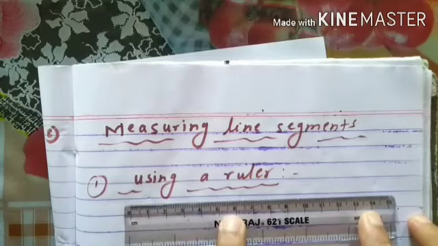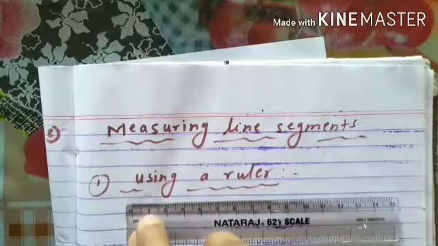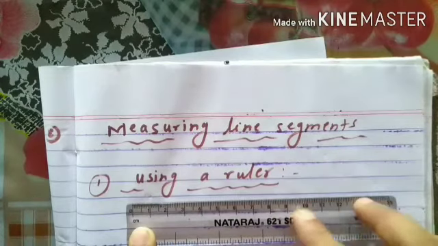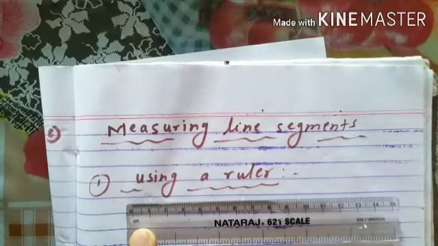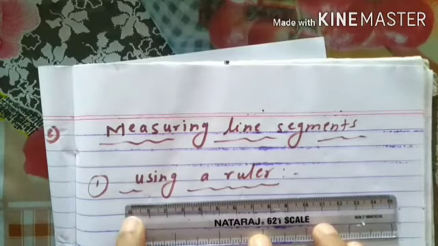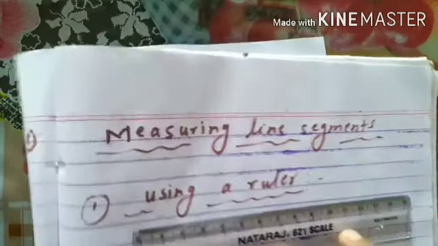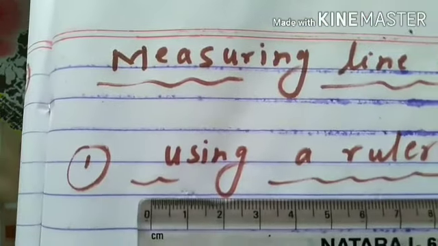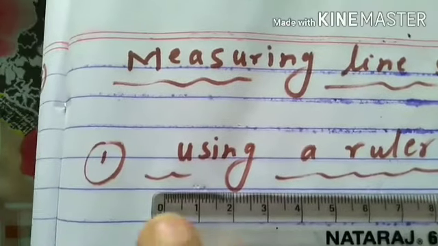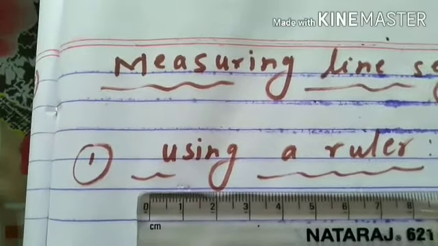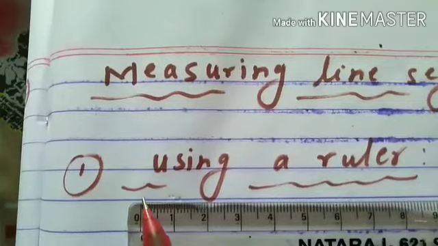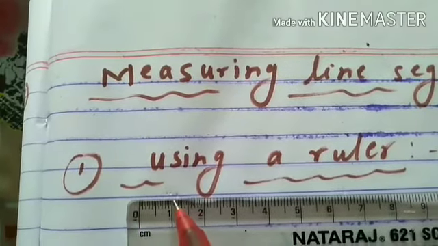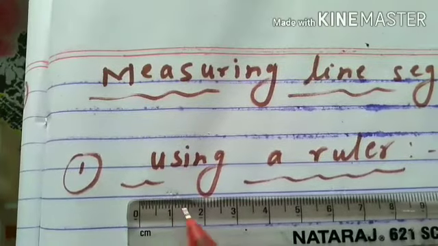Look at the markings on the ruler: 1, 2, 3, 4, 5, 6, 7, 8, 9, 10, 11, 12 and so on. Now look at the markings between 0 and 1. What do you observe? We observe that 1 centimeter is divided into 10 equal parts.